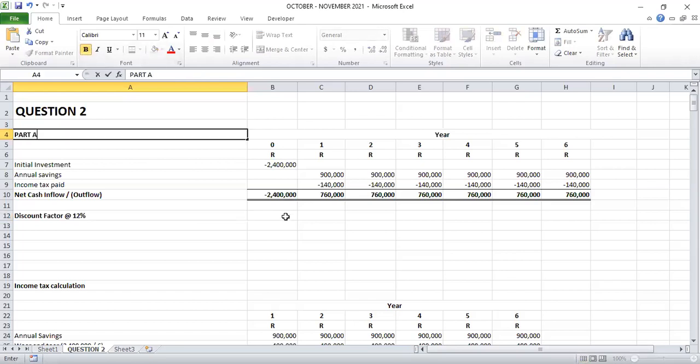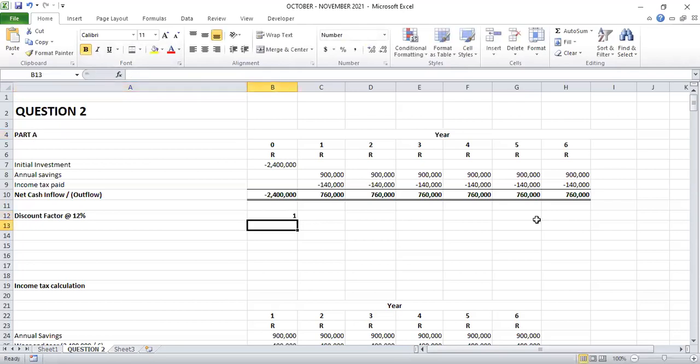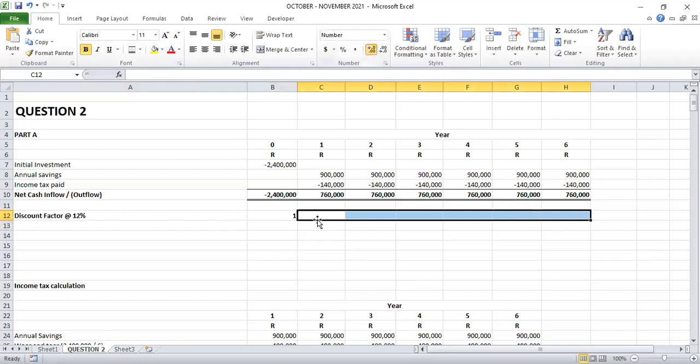For year 0, it is always equal to 1. For year 1 going up to year 6, you check on your tables.